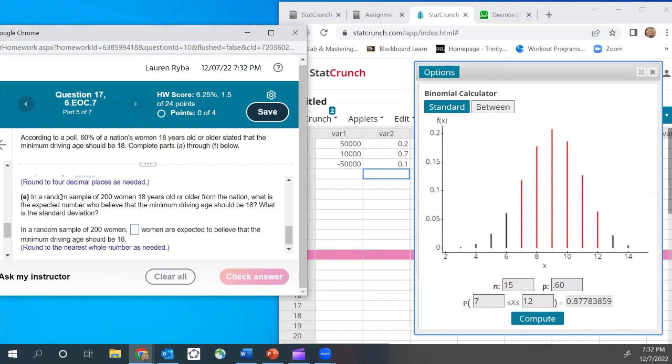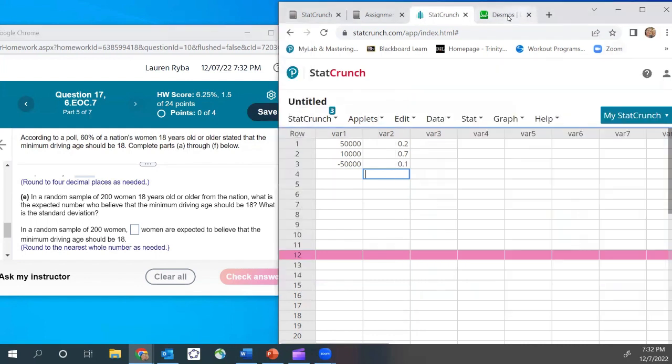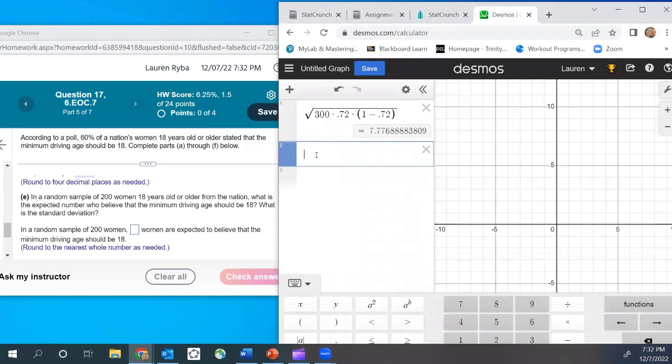Okay. In a random sample of 200 women, 18 years or older from the nation, what is the expected number who believe the minimum driving age should be 18? And what is the standard deviation? Okay, so now we have to find the mean and standard deviation. So remember that expected value is mean and standard deviation we'll calculate here. So mean is your total 200 times your p, 0.60.